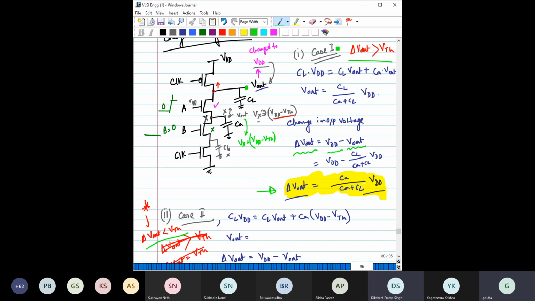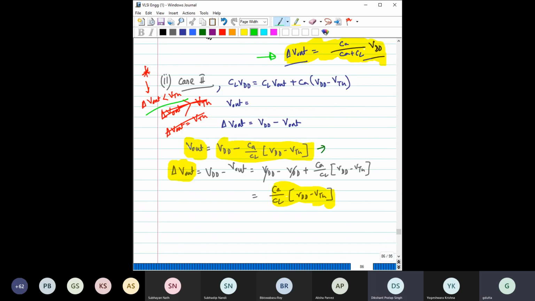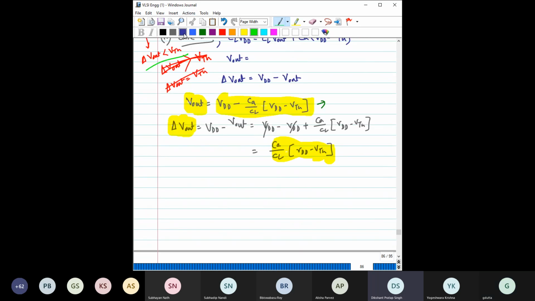Whether case 1 is going to happen or case 2 is going to happen. So how do you find the boundary condition? You can find it by making delta V out equal to VTH.